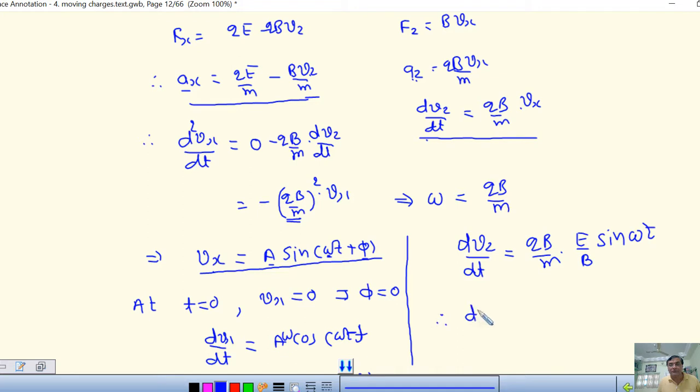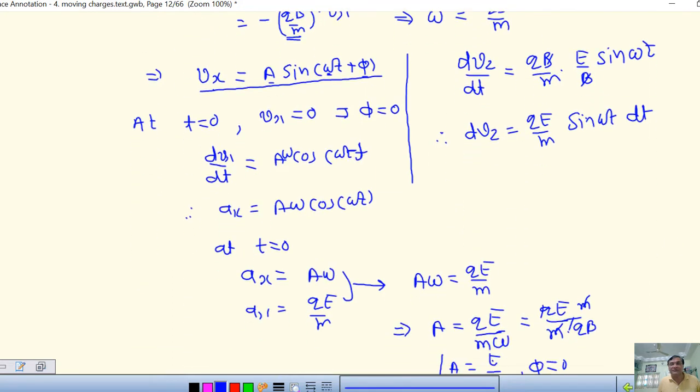Therefore dvz is equal to qe upon m sin omega t dt, the b cancels. Again we integrate both sides, and we will get vz.